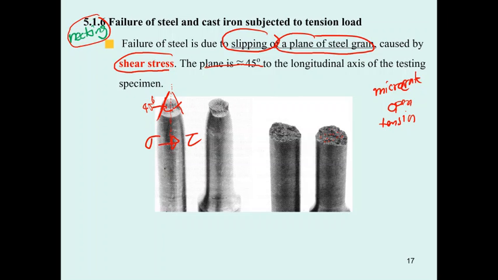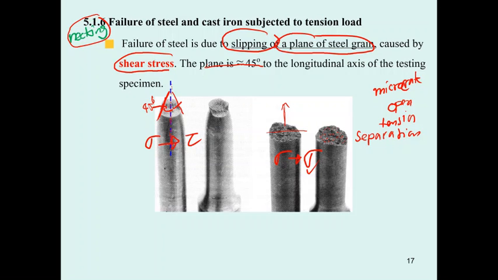When they open, the area that resists the tension gets smaller and smaller, and then it will fail abruptly, and the plane of failure will look like a separation. This is separation of the grain. So this cast iron is subjected to normal stress and fails by separation of the grain due to the normal stress.